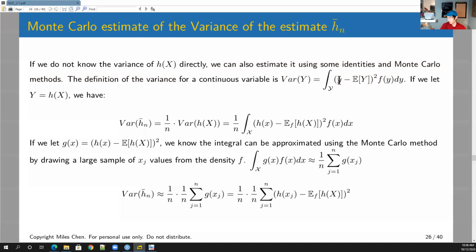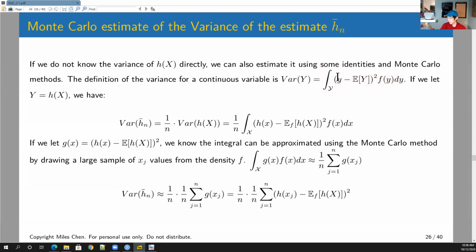It's going to be each value y minus the mean of y. So you're getting the square distance from the mean, the expected value of the square distance from the mean, right? So you do y minus the mean of y, squared, times f of y. So this is just the definition of the variance. I hope that's okay. We've learned this from 100B.